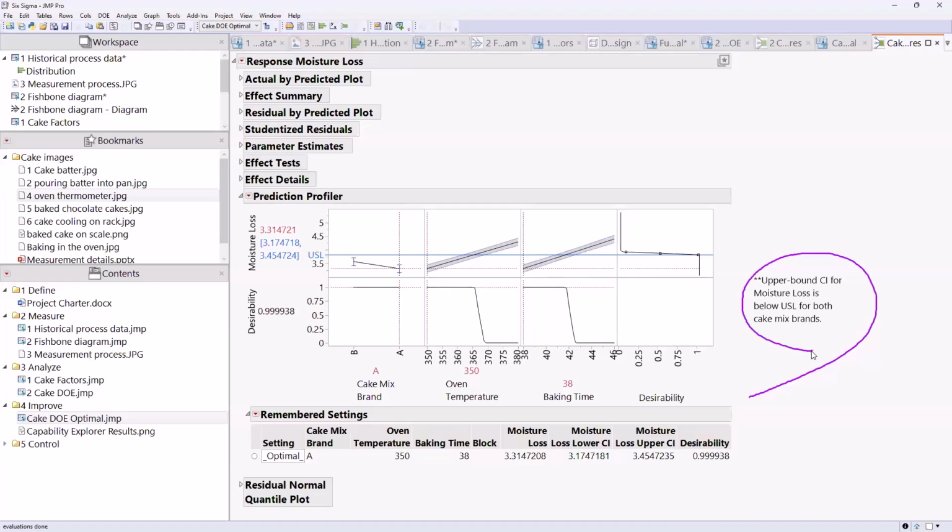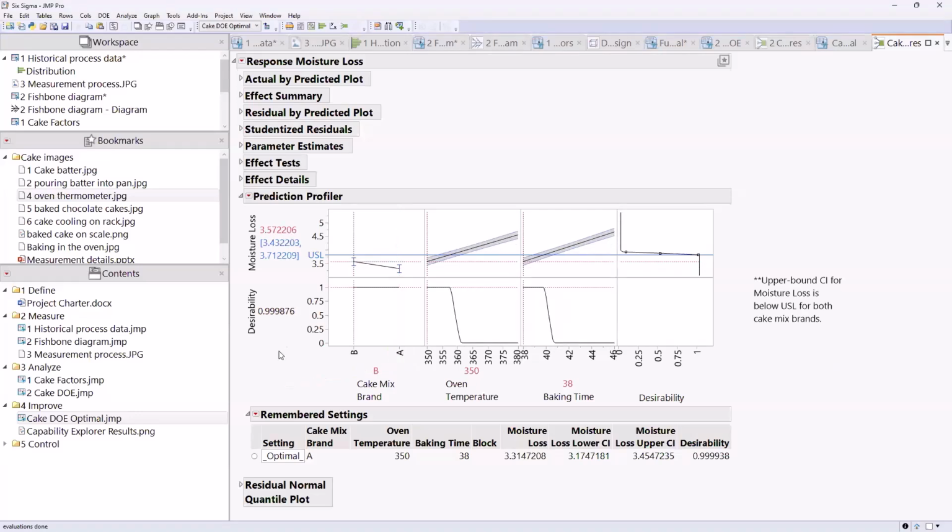The upper bound confidence interval for moisture loss is below my upper spec limit for both brands. So even though brand A has lower moisture loss, if I use brand B, even the upper bound confidence limit here is below my upper spec. So I could use either brand and achieve my moisture loss objectives.